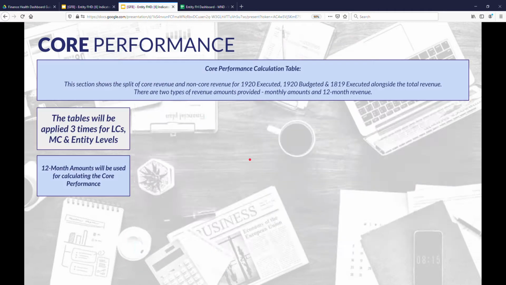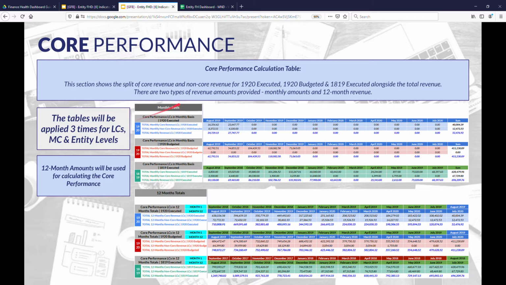But now, core performance is how they are being calculated. Basically, it's just divided into core revenue and non-core revenue. As already mentioned, LC's core revenue is based on exchange. MC is exchange plus entity affiliation fees. Then entity as a whole is exchange. But in terms of the total revenues, entity affiliation is not counted.